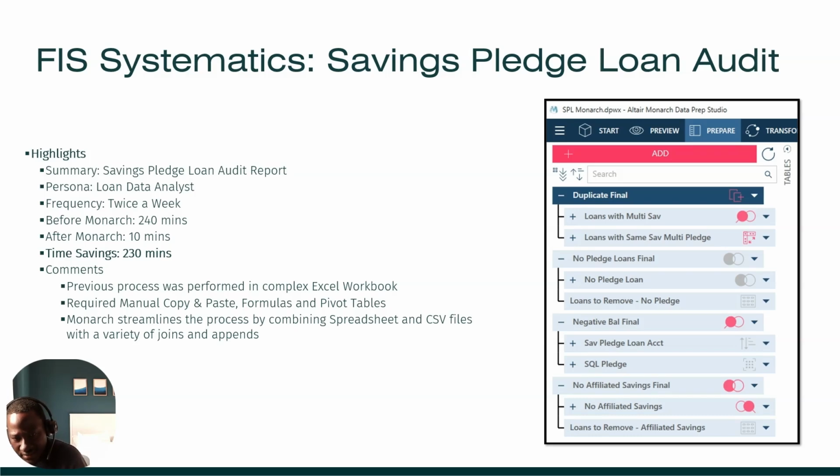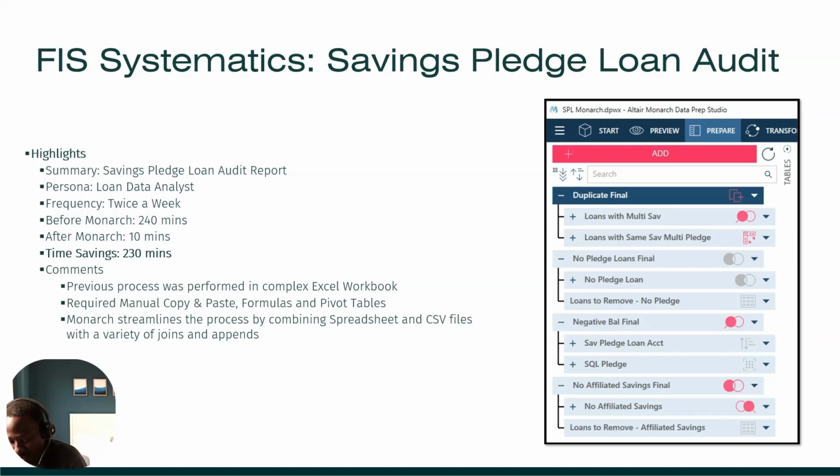So he was tasked with performing this audit, and it was a process that was done twice a week, I think once at the beginning of the week and again at the end of the week, and each time it took them about 2 hours.